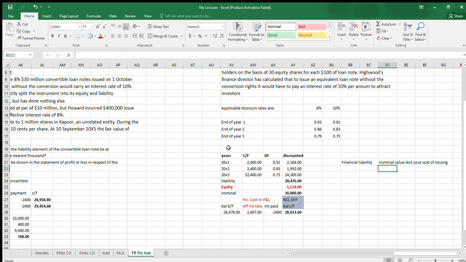Then for your subsequent measurement, you measure it under amortized cost using the approach I have shared with you.